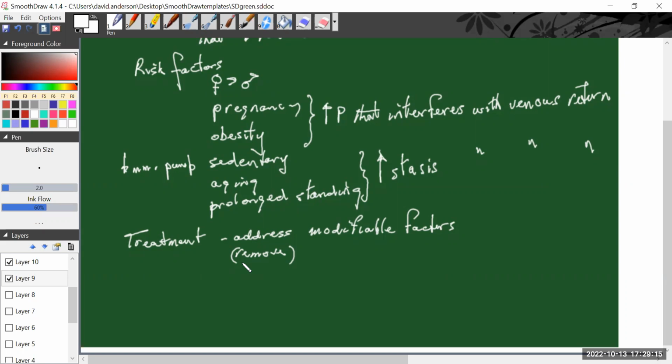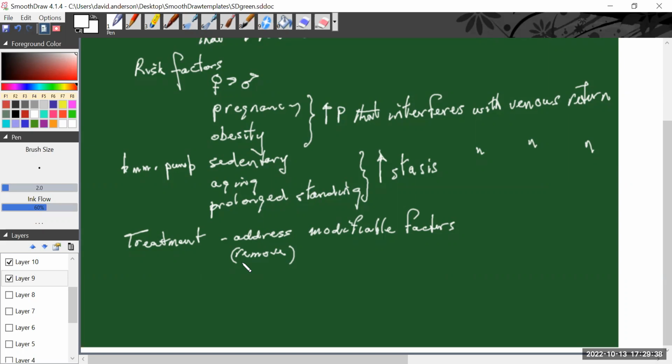Weight reduction is a big one, and we know that if possible, we would like to avoid surgery, but in some cases, surgery can be done to create some drainage of the chronic edema, if that's the issue.